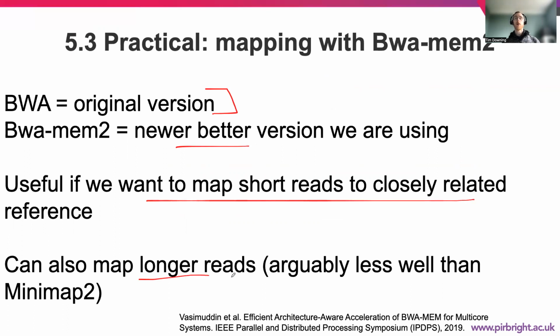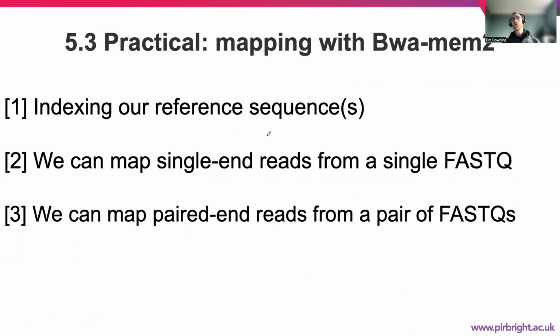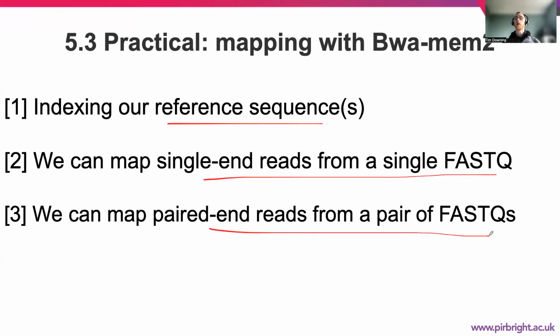They can also map longer reads too. So BWA-MEM2 and minimap2 are quite flexible. With BWA, we will do pretty much the same steps: index our reference, map single end reads, and then also map paired end reads. We'll do all those steps, and you can choose whichever one of these works best for you.